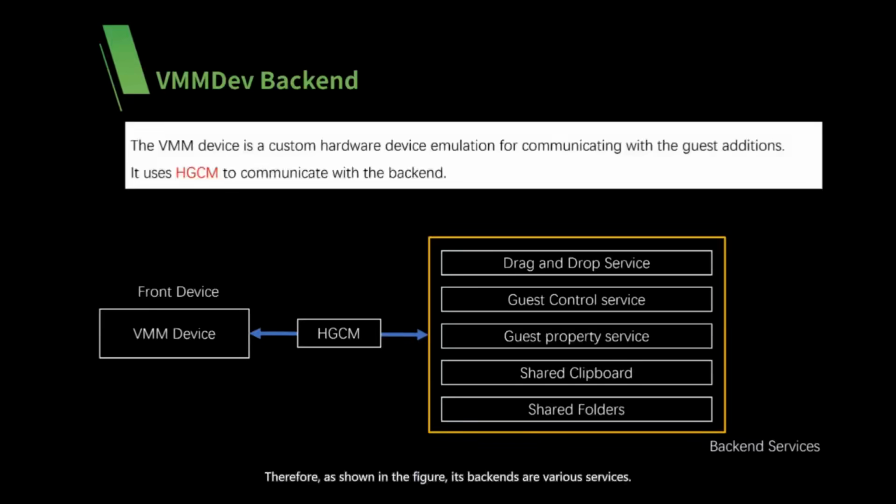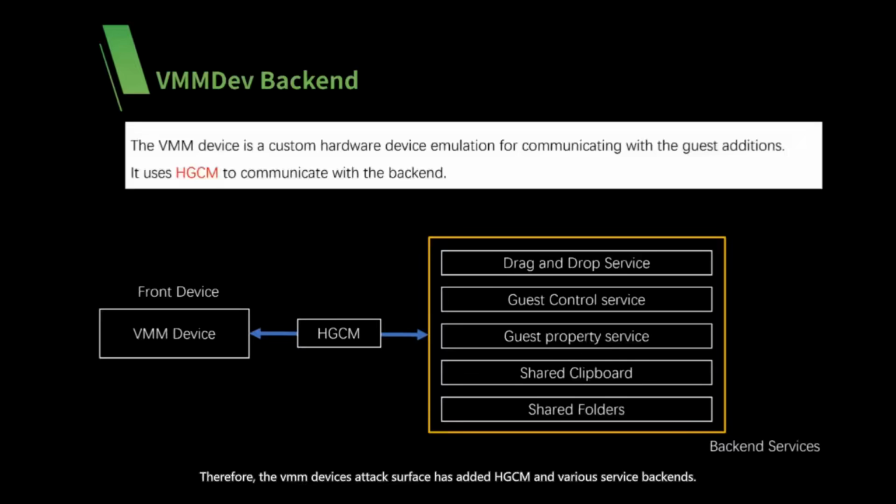Therefore, as shown in the figure, its backends are various devices. These devices are specific to the virtual machine. They need additional drivers installed in the guest. Similar to the previous backends, different devices have a unified interface, that is HGCM.